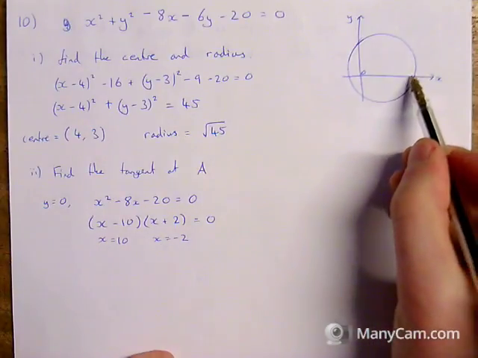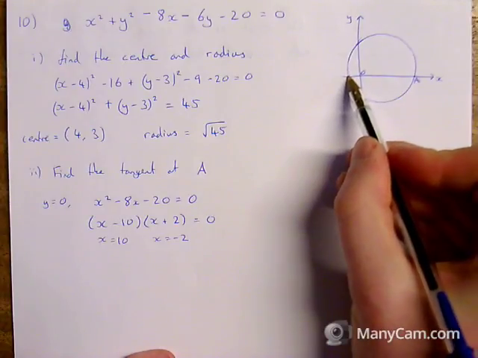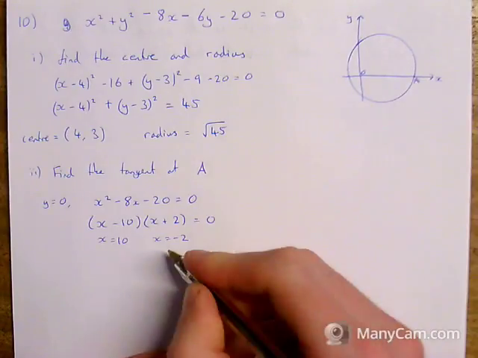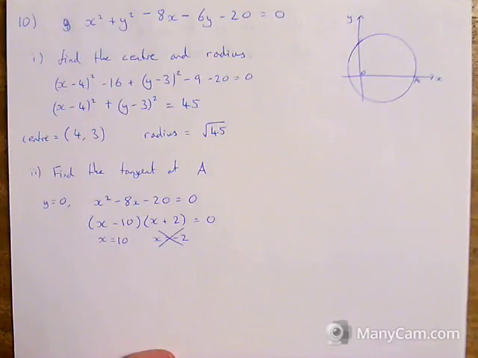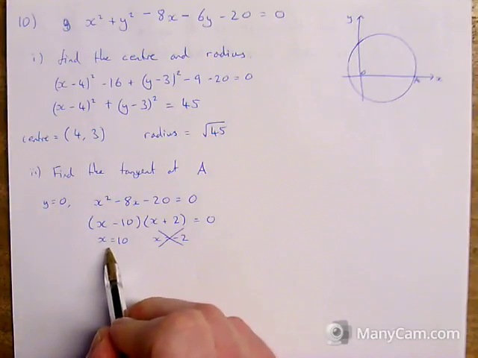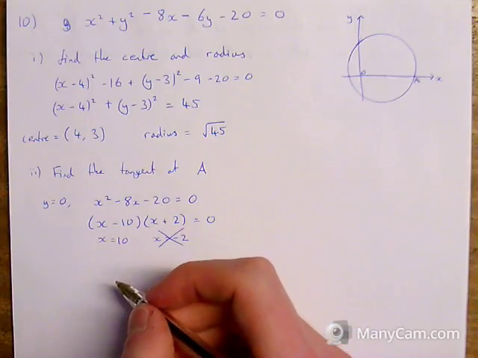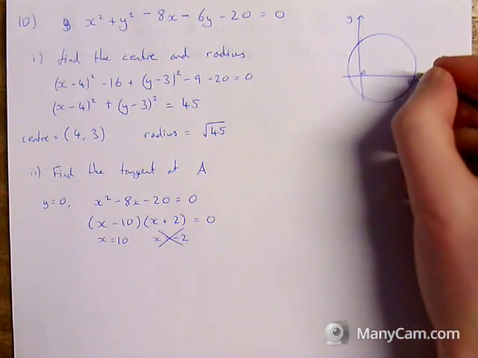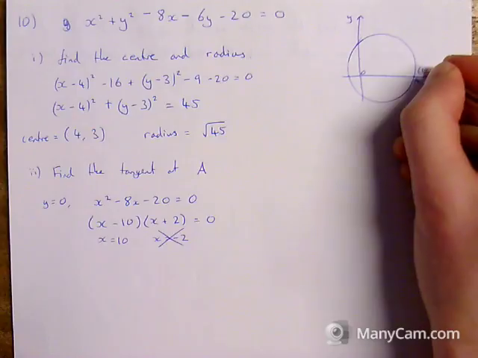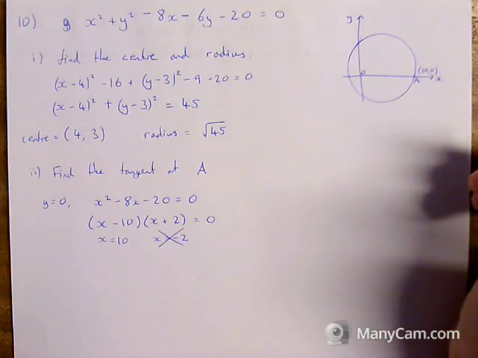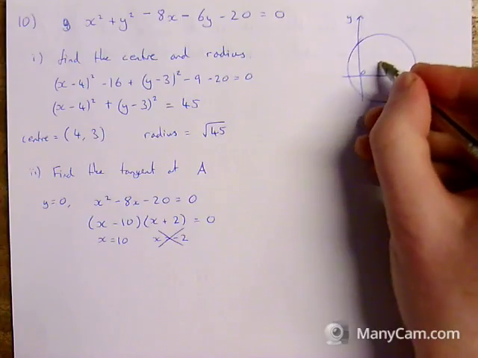And you can see from the graph that there is that minus 2 value over here, but A is the positive value, so we want to forget about the x equals minus 2 part. So we need to work with x equals 10. Okay, so we've now got this point here is 10, 0.